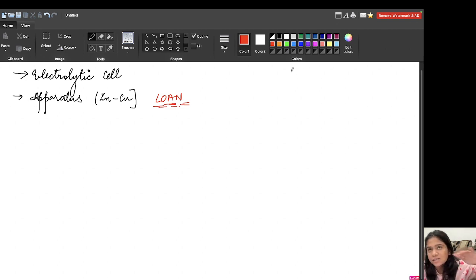This was our apparatus setup, the reaction setups. Then we studied about something called a salt bridge. Why do we need a salt bridge? What is a salt bridge? Actually, it is an inverted U-shaped bridge which is filled with any inert electrolyte. We studied about the properties of the electrolyte, and it is mixed with agar-agar powder so that it becomes a semi-liquid thing. And why is the salt bridge used?